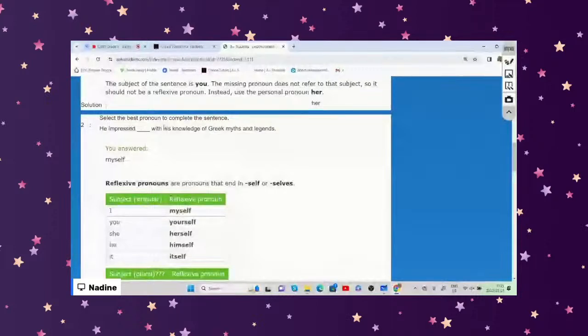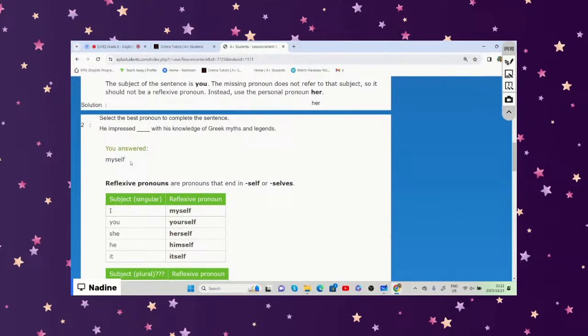We need to select the best pronoun to complete the sentence. He impressed with his knowledge of Greek myths and legends. So we can maybe say he impressed himself. Because if he is the subject, then you can say he impressed himself with his knowledge of Greek myths and legends, which means that he's shocked at himself.